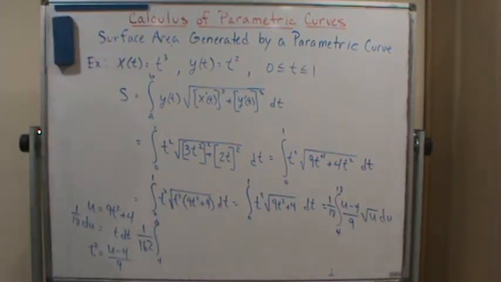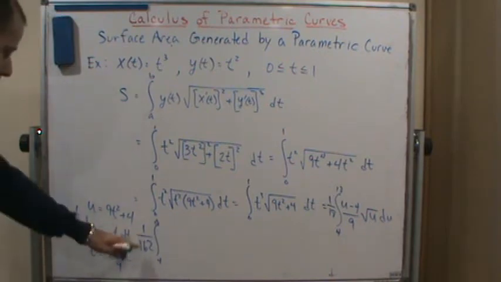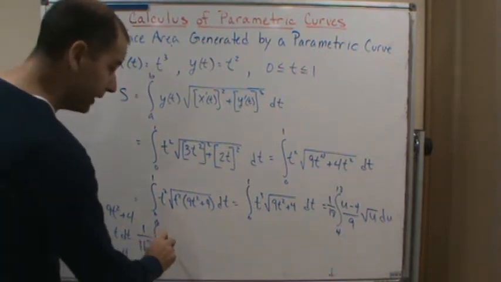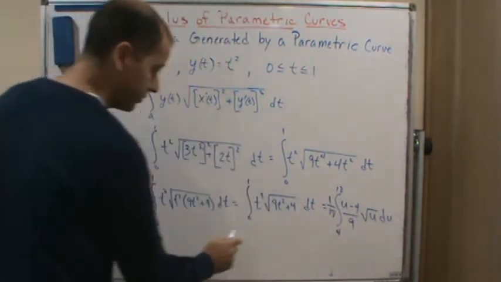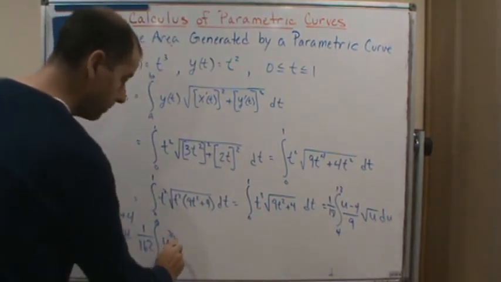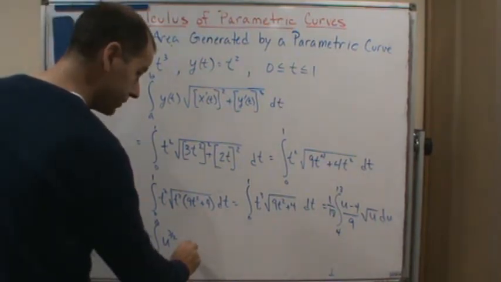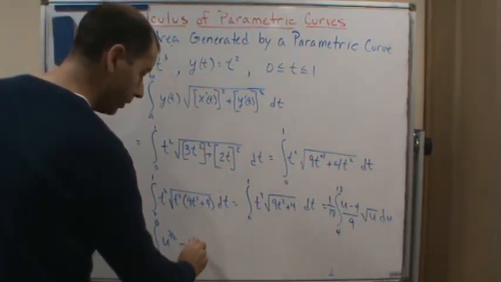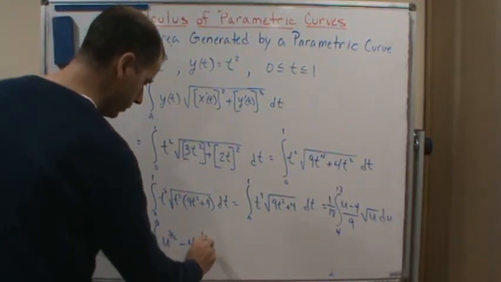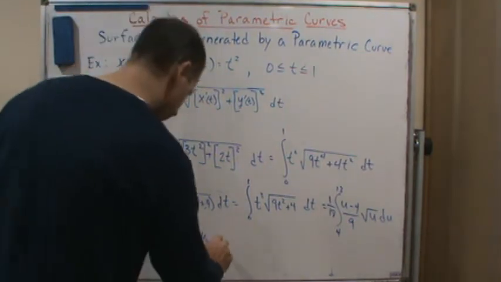Right? 9 times 18: 9 times 10 is 90, 9 times 8 is 72, and 72 plus 90 is 162. So I get 1 over 162, and in here I'm going to distribute this. So this is going to give me u to the 3 halves minus 4u to the half, du.